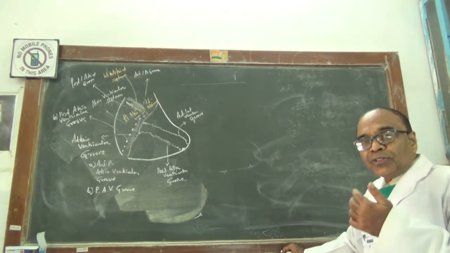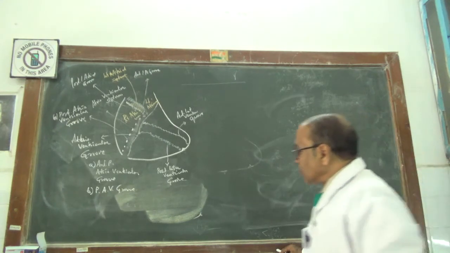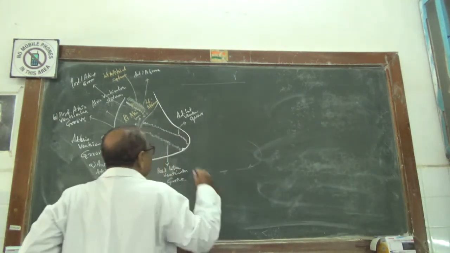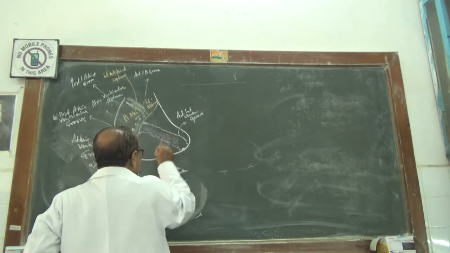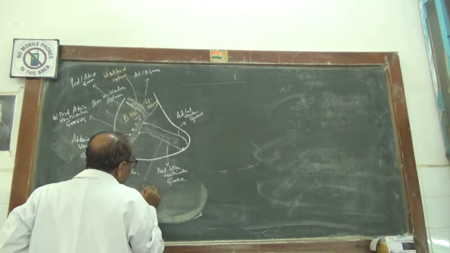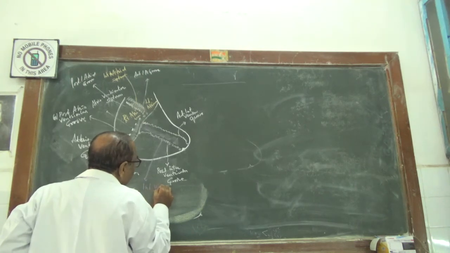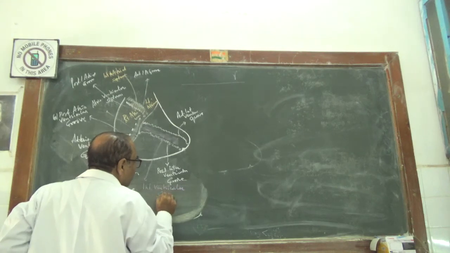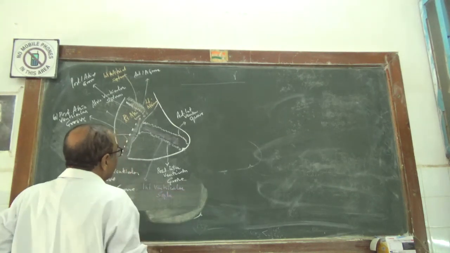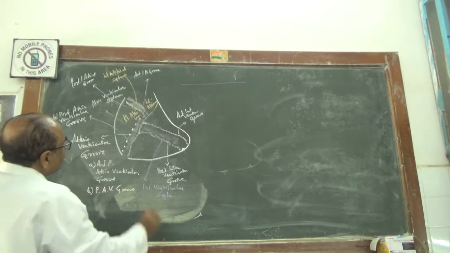When they reach forward, they form a septum. Now that septum is the interventricular septum. So you have got the septa.